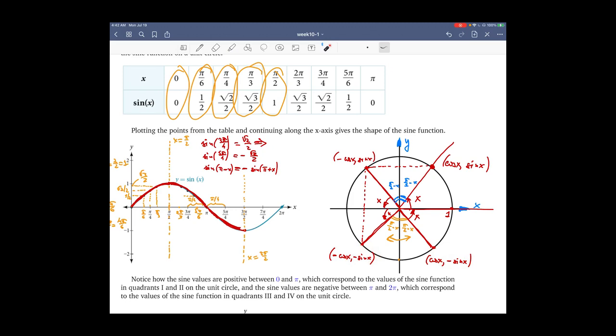That implies the graph of sine x is symmetric about the line x equals 3 pi over 2. That gives you that piece of the graph.